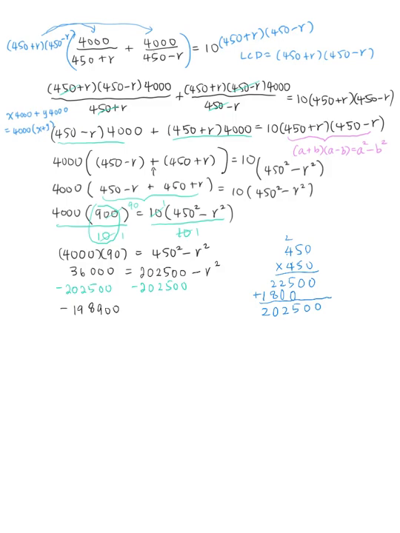Can you please double check my work? Equals negative r squared. Now dividing by negative 1 on both sides, my claim is that r squared is 198,900.